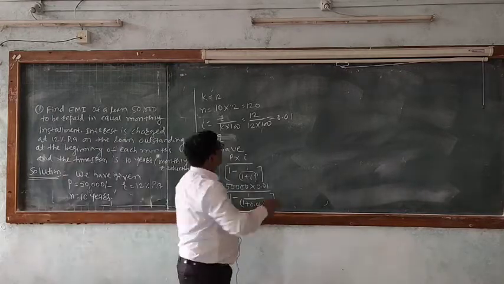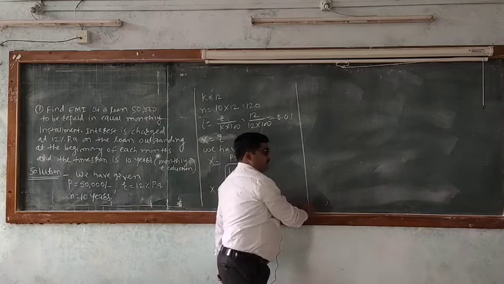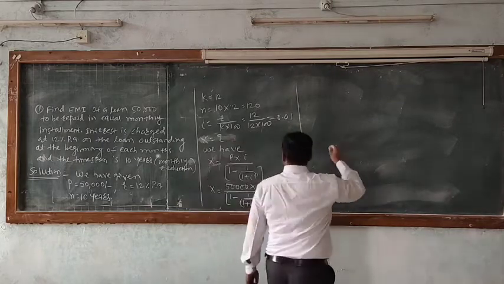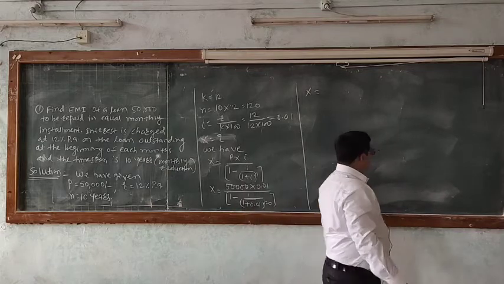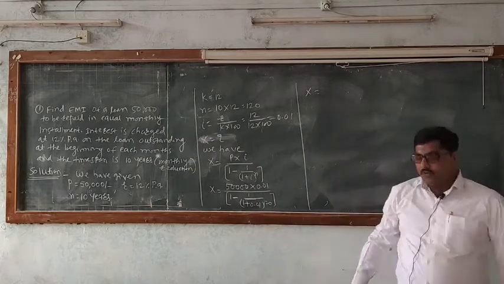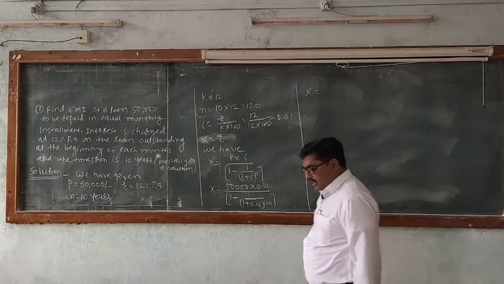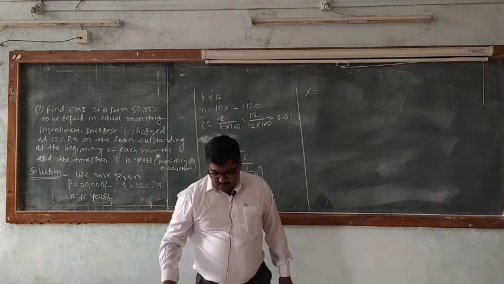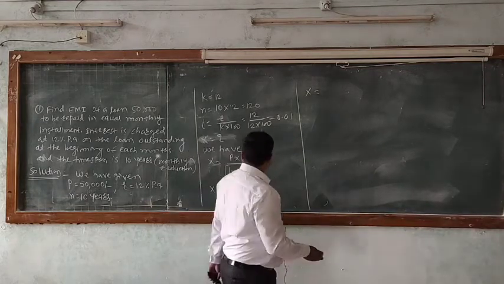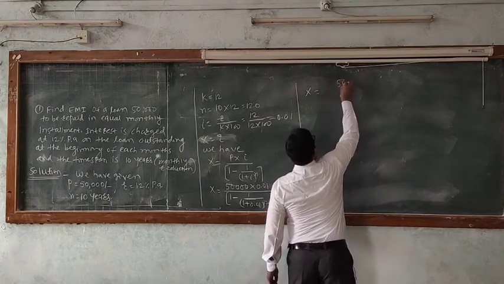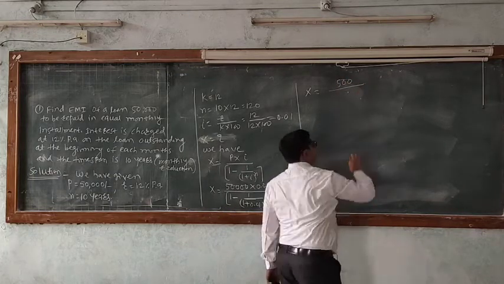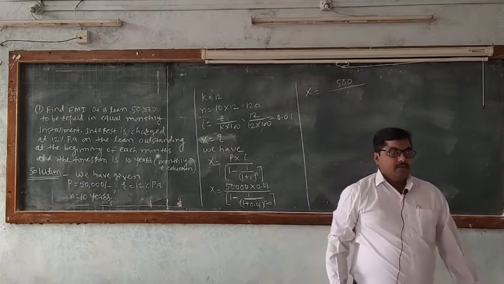Now X equal to 50,000 into 0.01. So by using the calculator, this can be written as 500 upon, right?